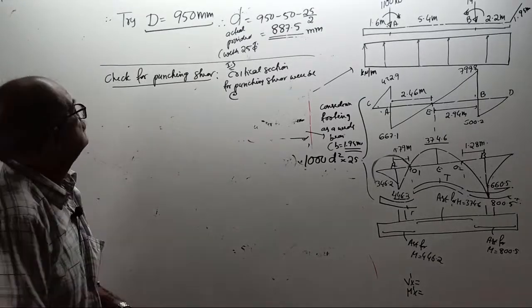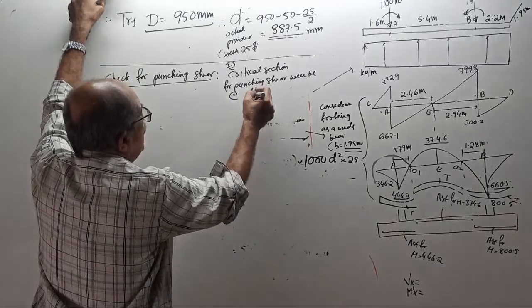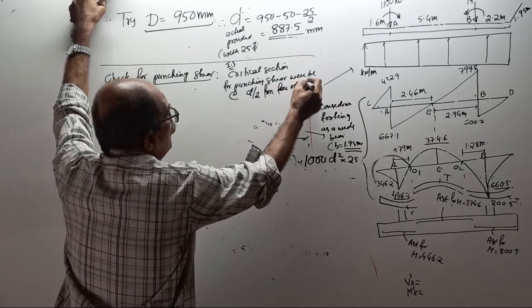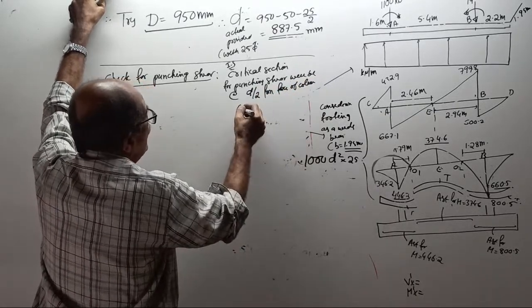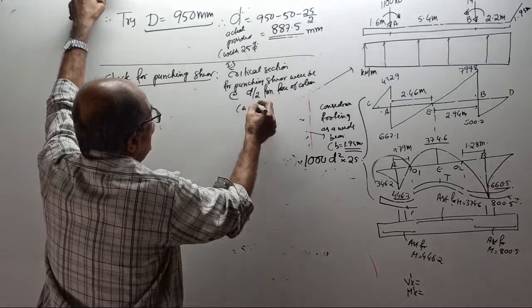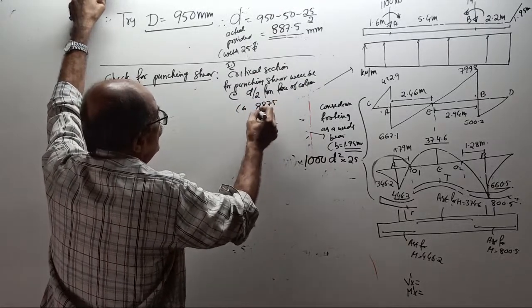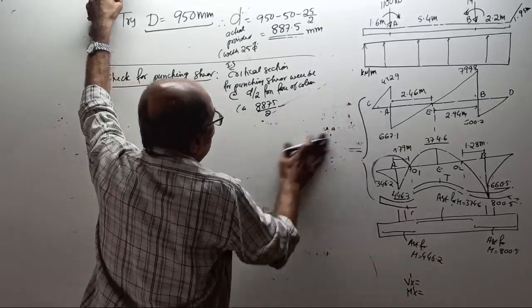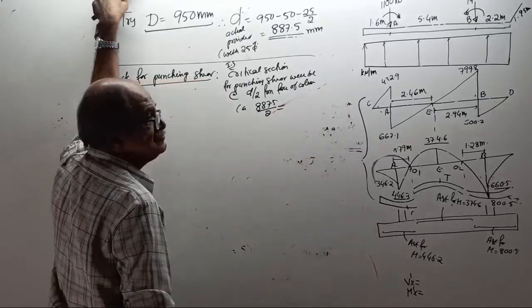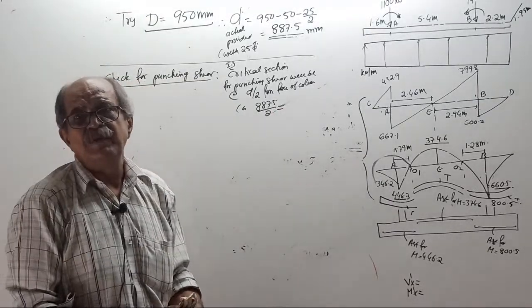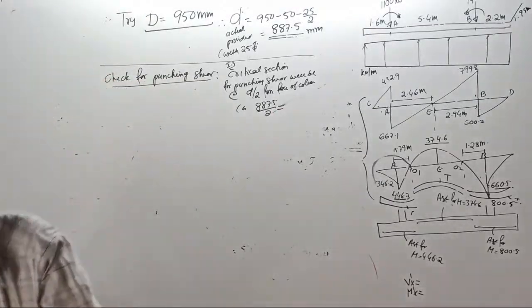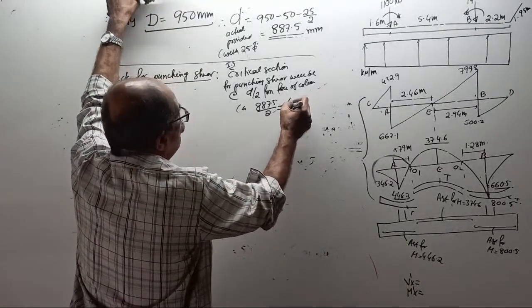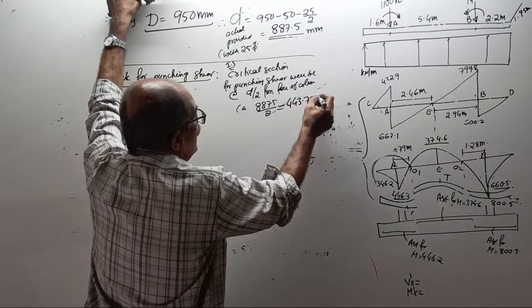D by 2 from the face of the column. That is D by 2, how much? 887.5 divided by 2 equals, answer, 443.75 millimeter.